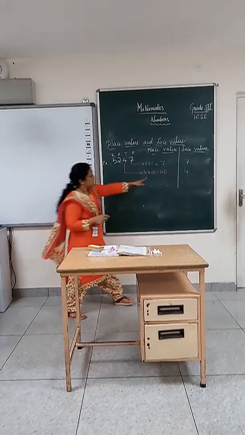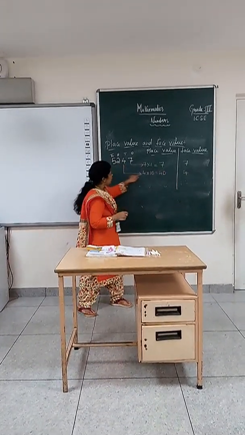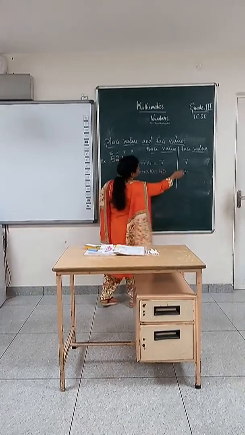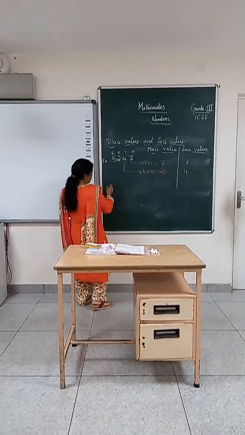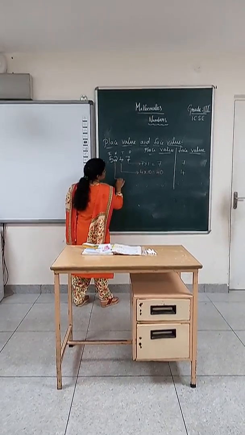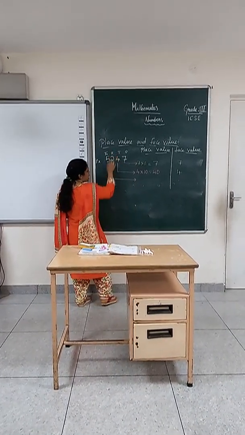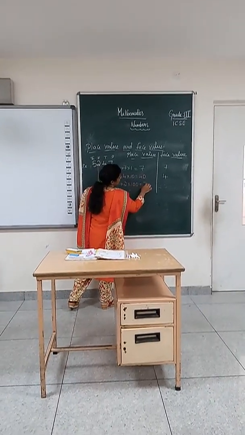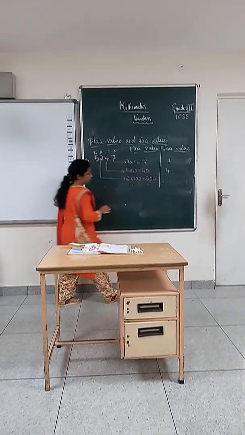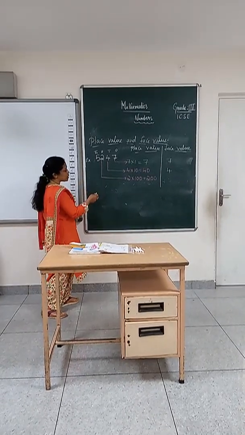So children, you can make out the difference here. The face value of 4 is 4 itself. Now the next number, 2: since 2 is in hundreds place, 2 into 100 is 200. What is its face value?